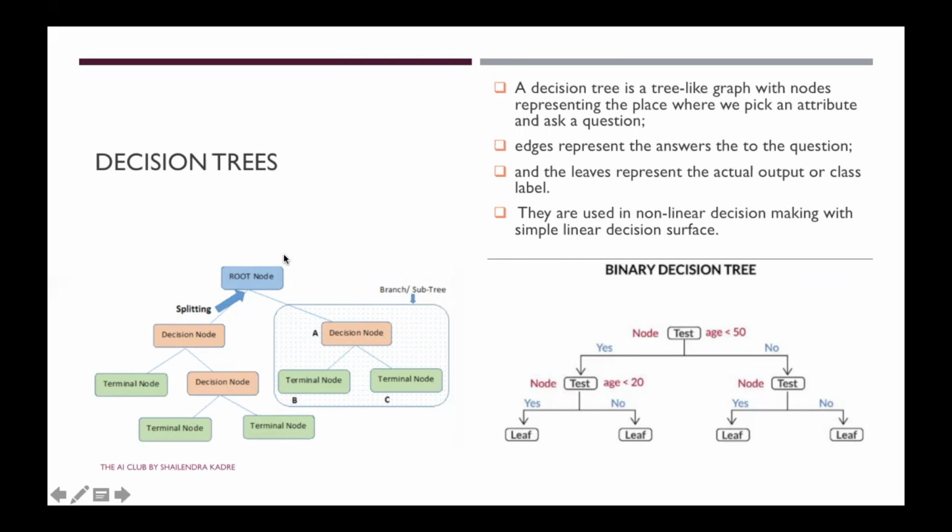After that, some will be decision nodes where the decisions are taken, and some will be terminal nodes, the nodes where the tree stops growing. You don't see any child nodes after a terminal node. These terminal nodes are also known as the leaves of the decision tree.